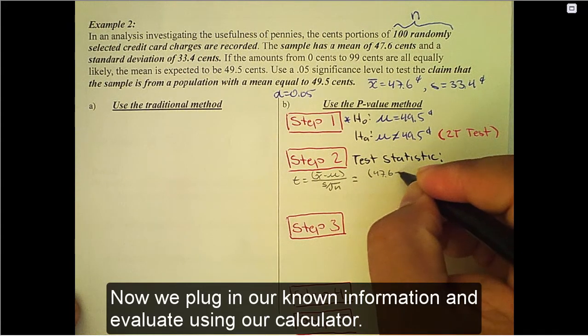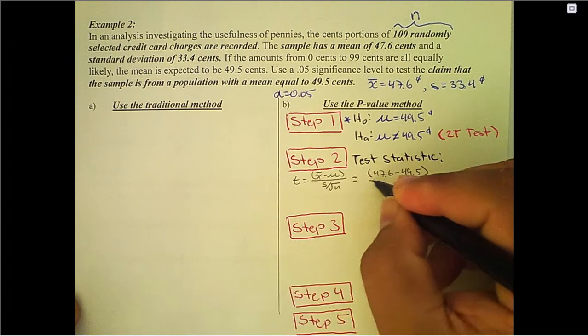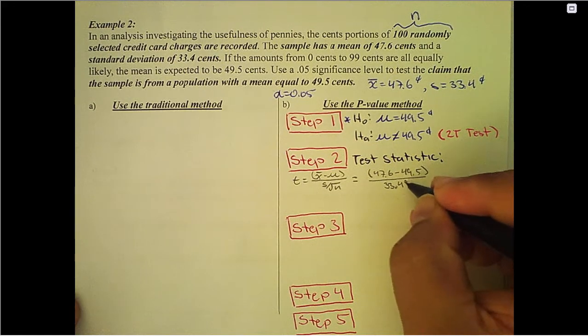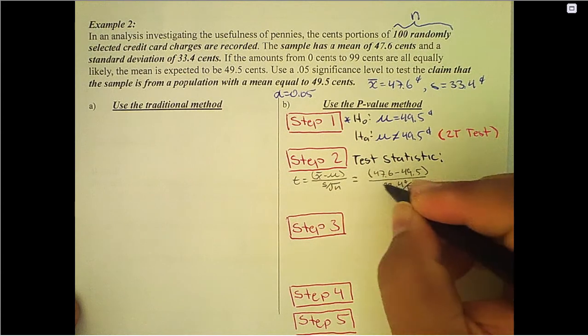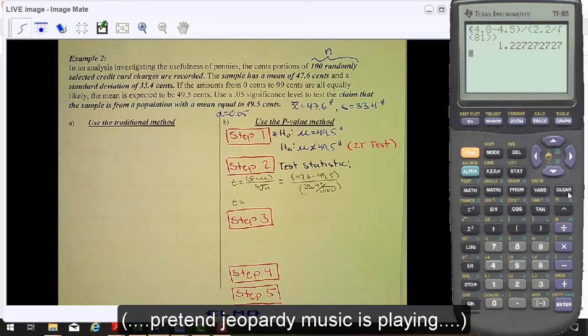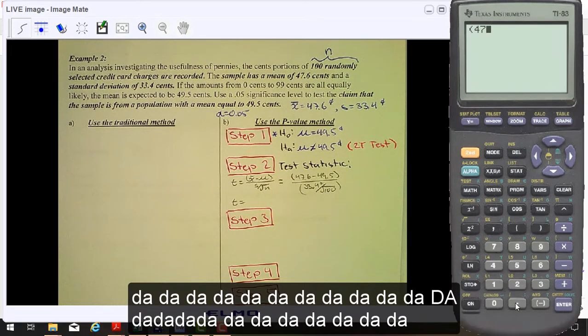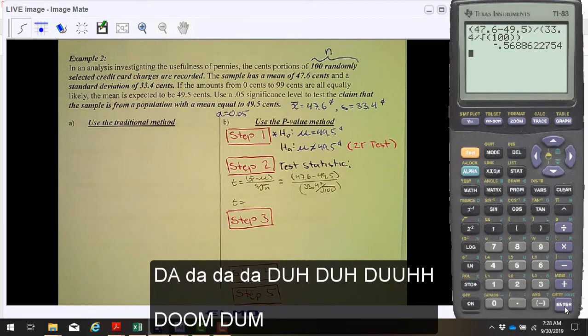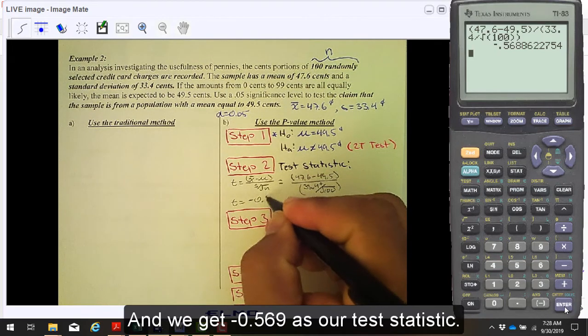Now we plug in our known information and evaluate using our calculator. And we get negative 0.569 as our test statistic.